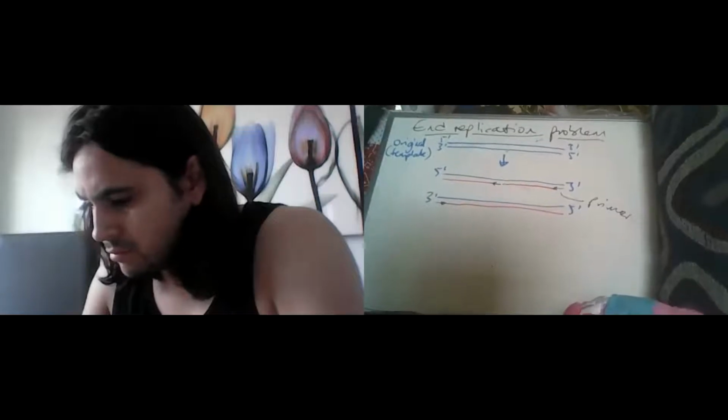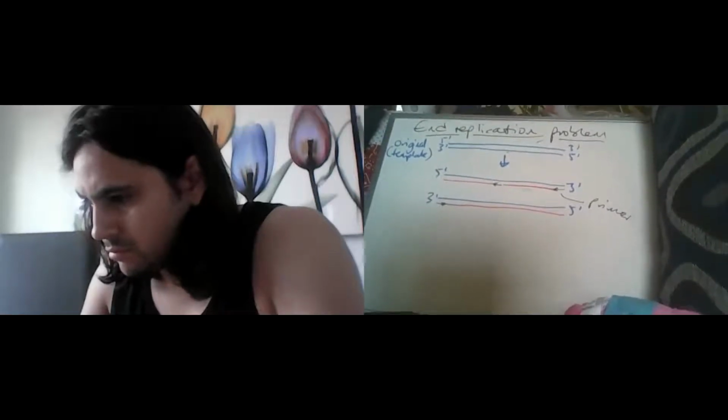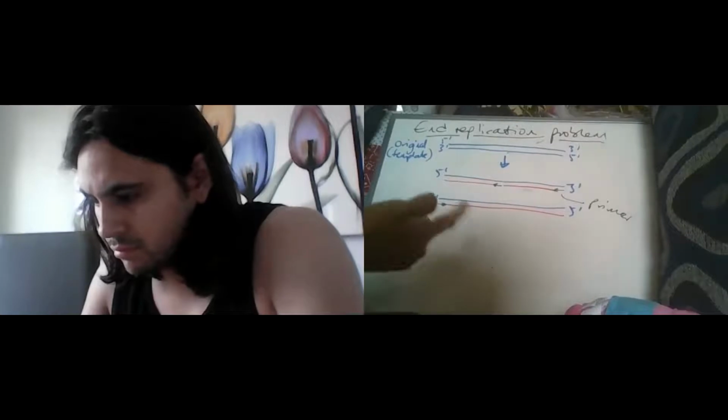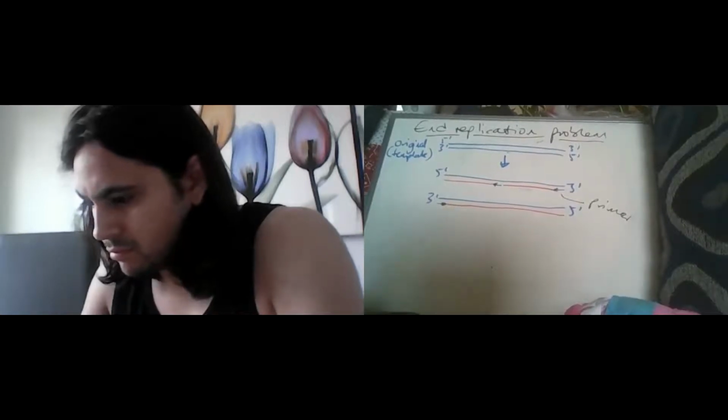However, what do you need for DNA synthesis? What's the key requirement other than having template and nucleotides? What else do you need? What do those nucleotides get added to?